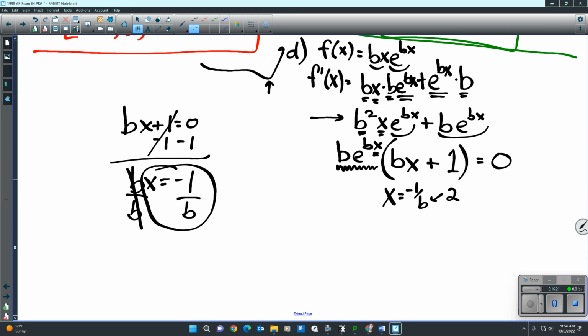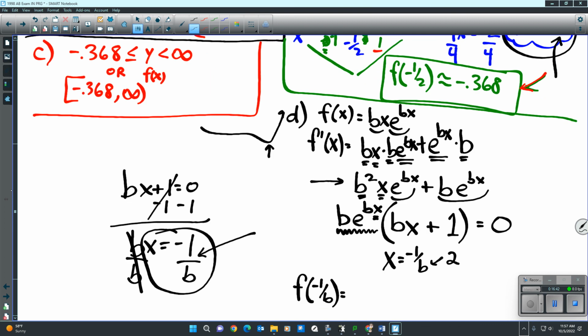So now, in order to find the actual minimum, this is just where it occurs. In order to find the actual minimum, I need to find the y value. I need to plug it into the original equation. So I'm going to take my original equation and throw in a negative 1 over b. Let's do that.